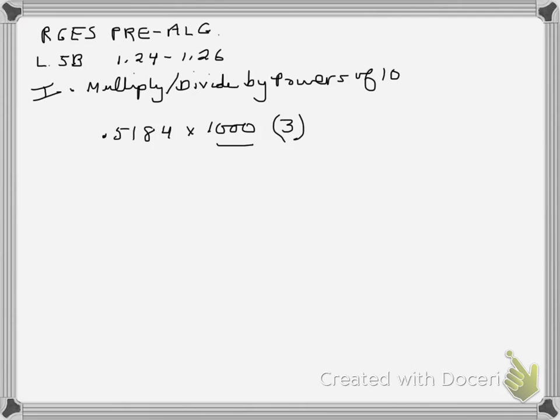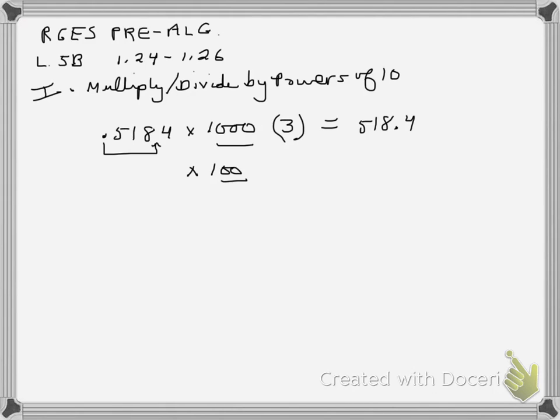If my decimal is there, I want to move it to the right to make a larger value. So 0.5184 now becomes 518.4.